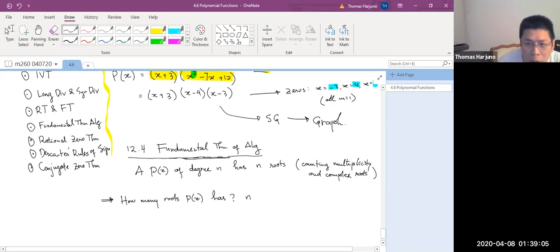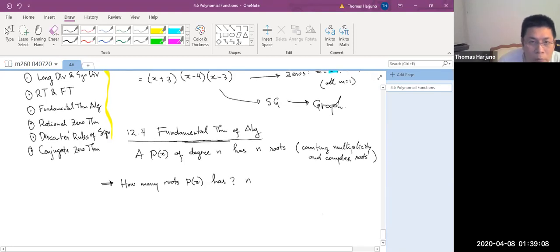I may jump right away to the conjugate zero theorem. I don't know what section that is, but because it's so short, I can just mention it right away. The conjugate zero theorem says the following.